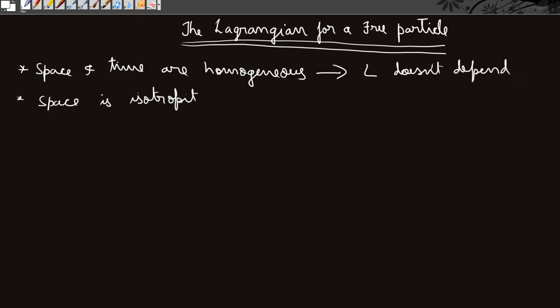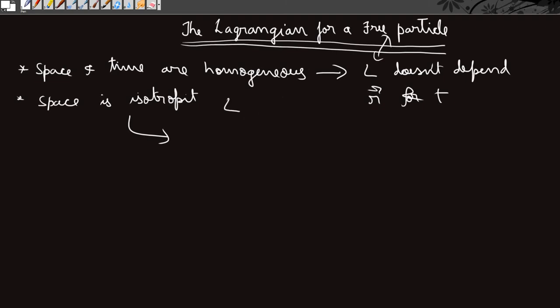for a free particle. Lagrangian for a free particle doesn't depend on the position vector r or the time t. And this particular fact that space is isotropic with respect to an inertial frame makes sure that the Lagrangian is not dependent on the direction of the velocity.